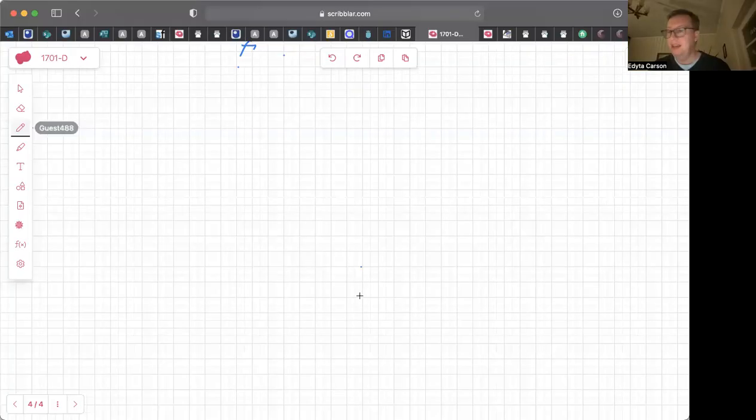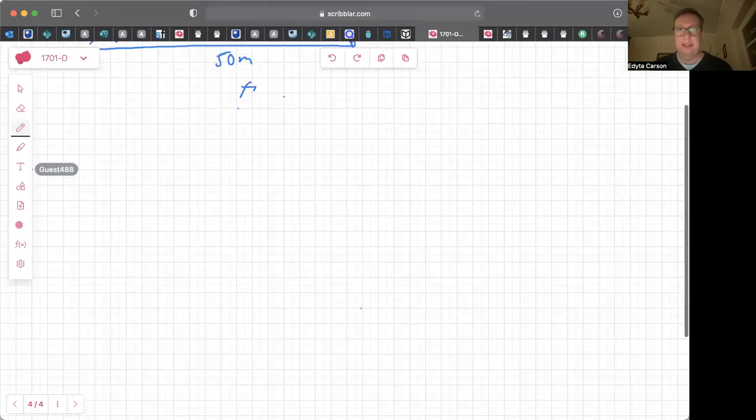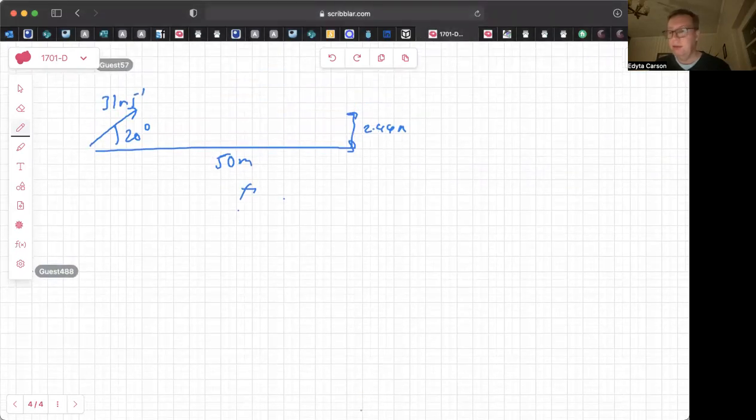So I think the first thing we need to do for this is calculate the time of flight. How long is the ball in the air for? So normally the practice is to have a look at what's going on horizontally and what's going on vertically. Because I've got the horizontal distance, if I can figure out what the horizontal speed is, I can figure out the time it takes to get to the goal.